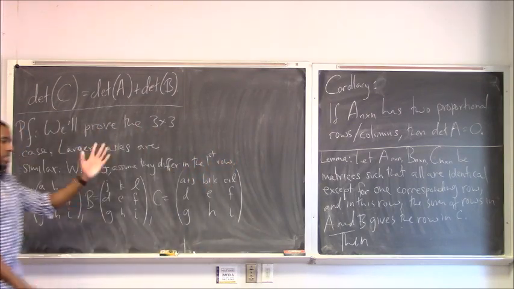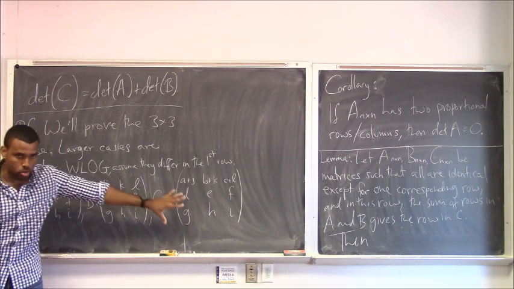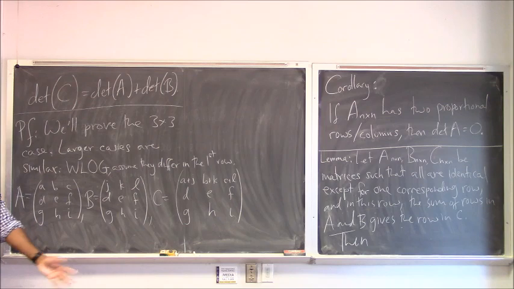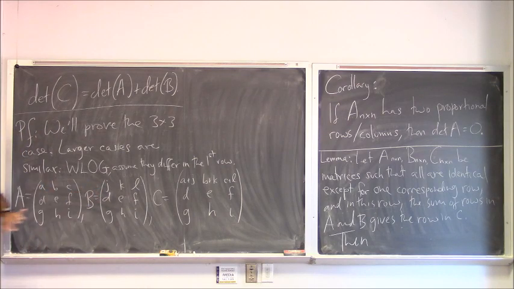I'm taking the special case of 3x3s, and now I'm just assuming they are different in the first row, but they're the same everywhere else. Exactly the same proof will work if they were different in the second row or the third row. You'll do exactly the same things, just the location of where you're doing it will change. Okay? So for the 3x3 case, we have these three matrices. I claim that the determinant of this one is going to be equal to the determinant of this one plus the determinant of this one.